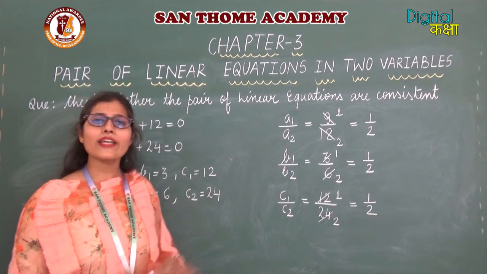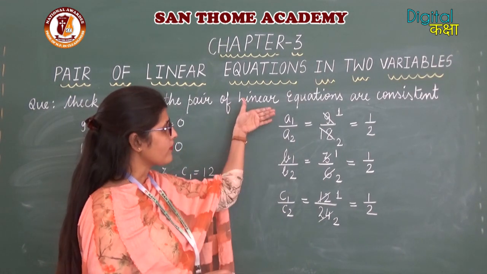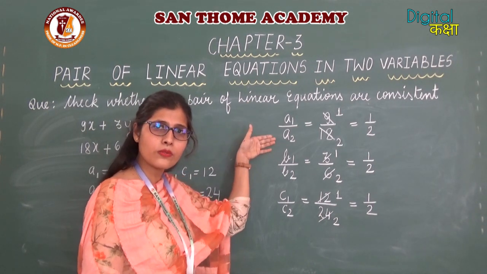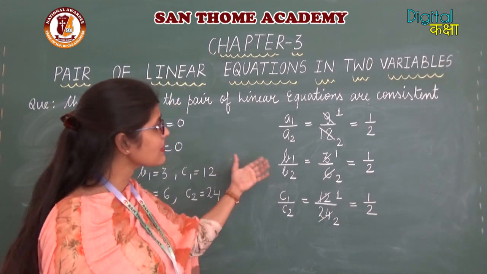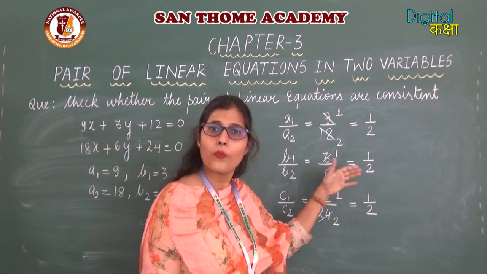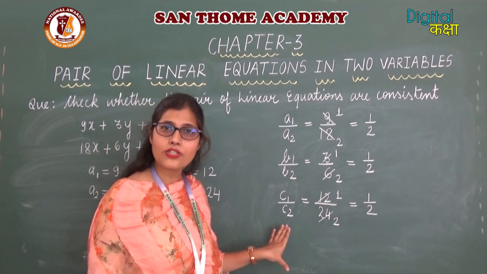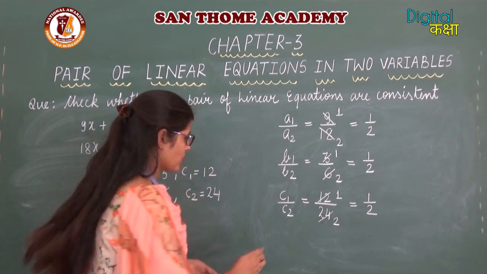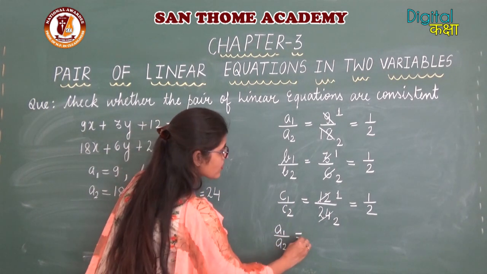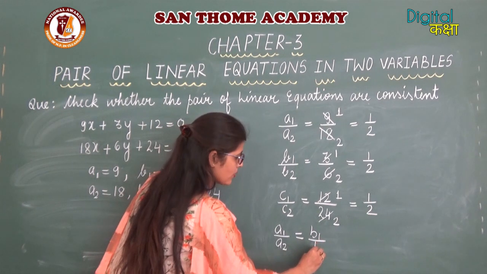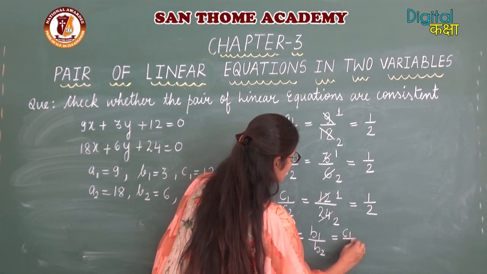So you can observe here by looking at the ratios that the ratio of a1 upon a2, b1 upon b2 and c1 upon c2, all the three ratios are equal to 1 upon 2. That means that all the three ratios are equal. So can I say that a1 upon a2 is equal to b1 upon b2 and that is equal to c1 upon c2.